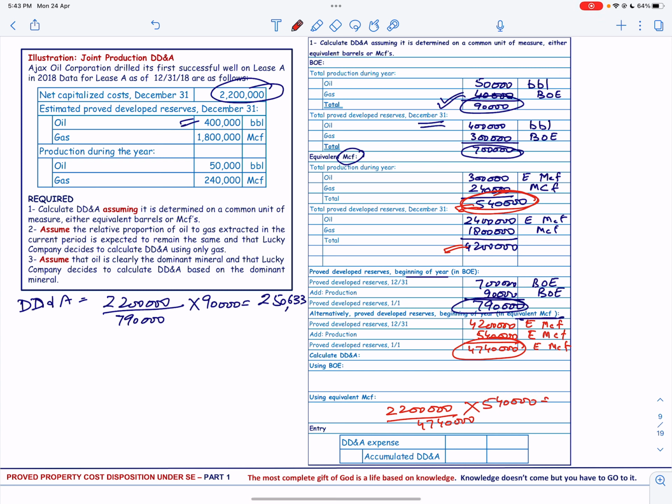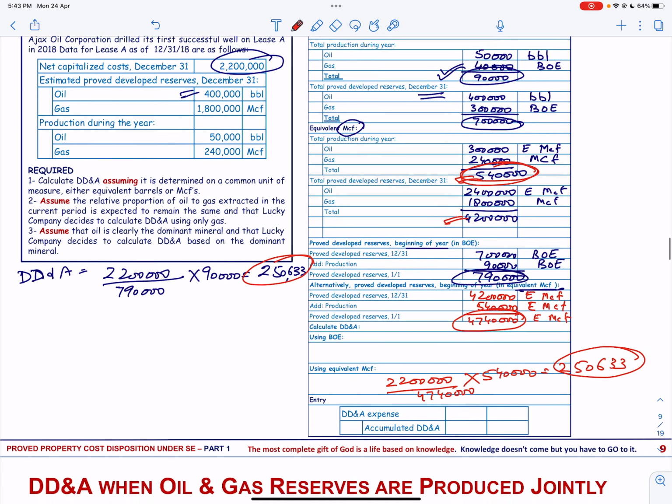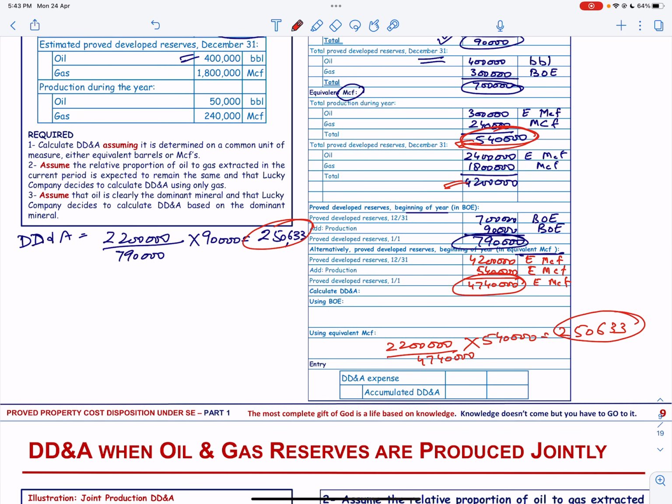So once again, if you calculate, this will be 250,633. So we have the same result whether you do it by metric cubic feet or barrels of oil equivalent.